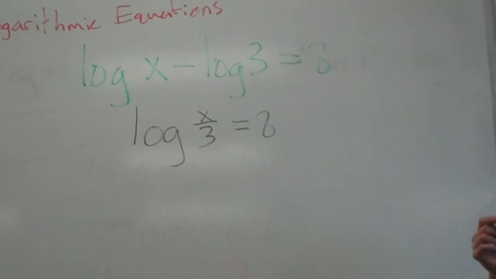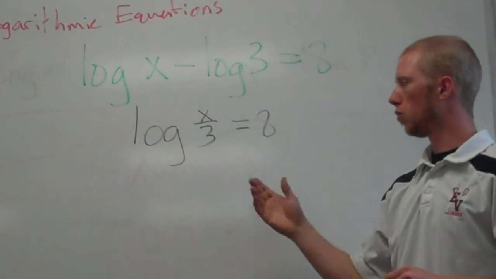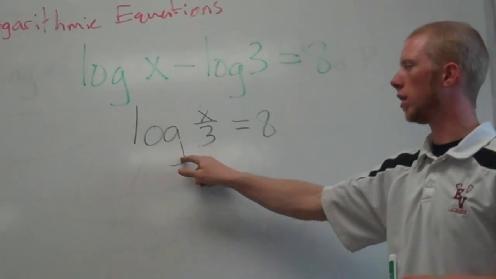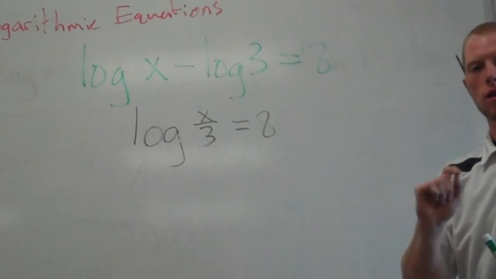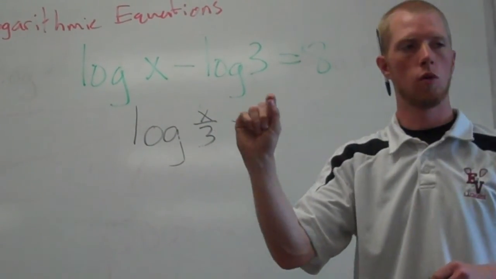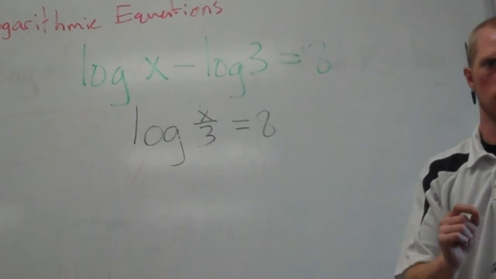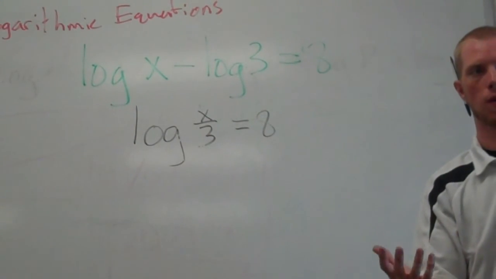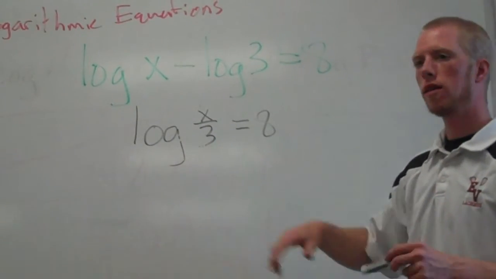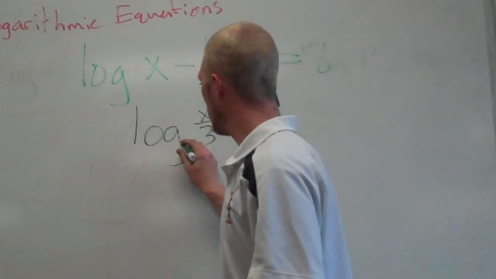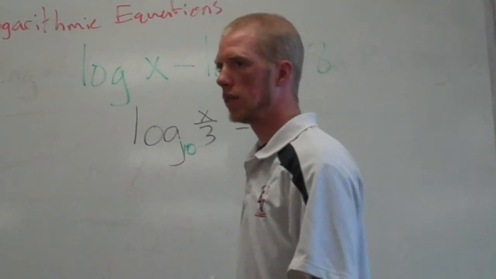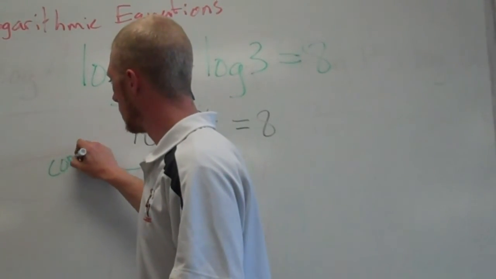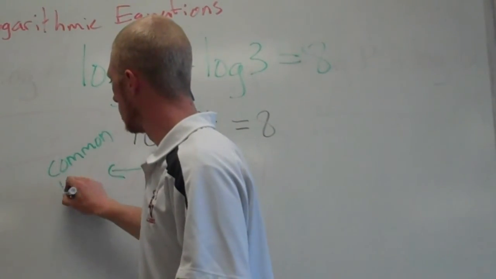This is the other piece we have not gone over yet. To rewrite this in exponential form, I need a number here. Just like when we had a square root, we don't write what the index is, but there really is an index there. It's a 2 with a square root. Here, when we don't write the base, it really is the number 10. This is called the common log.